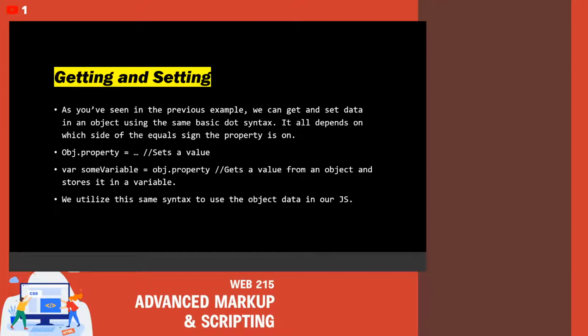Now, when we are using that value from the object and storing it in some variable, then it becomes a getter. So we are getting a value from the object and we are putting it elsewhere.